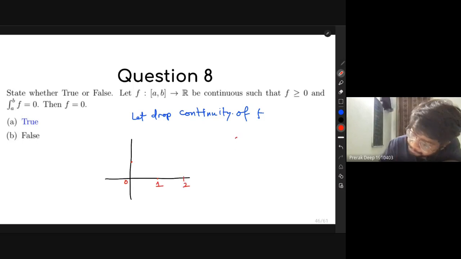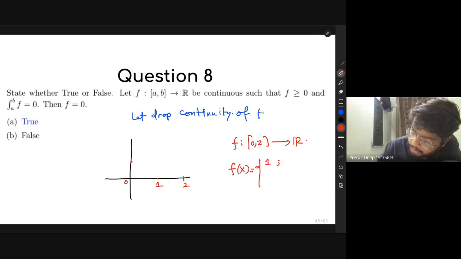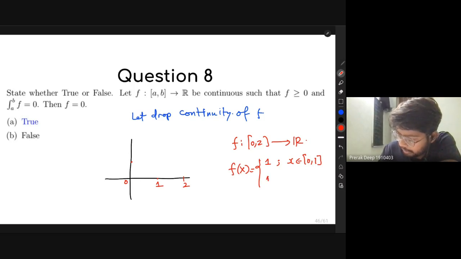So you have a function defined from [0, 2] to R. And you define your function to be 1 when x is in 0 to 1, and it is -1 when it is, oh, you want it to be positive always.